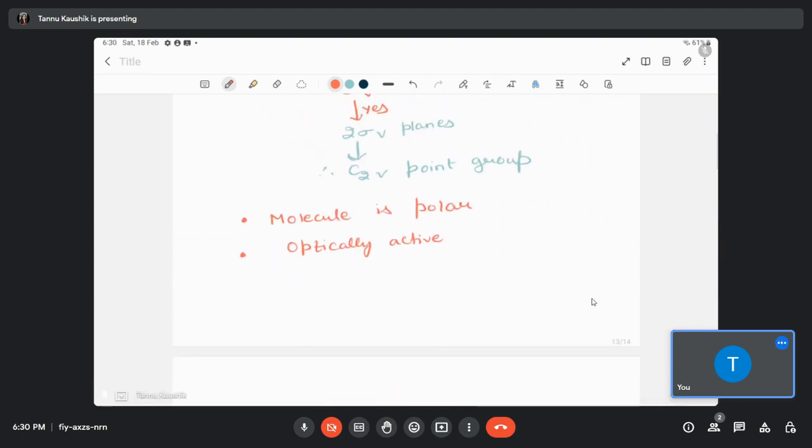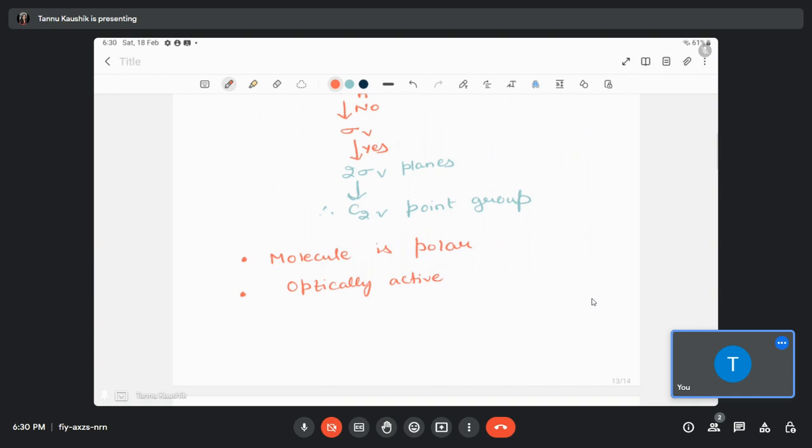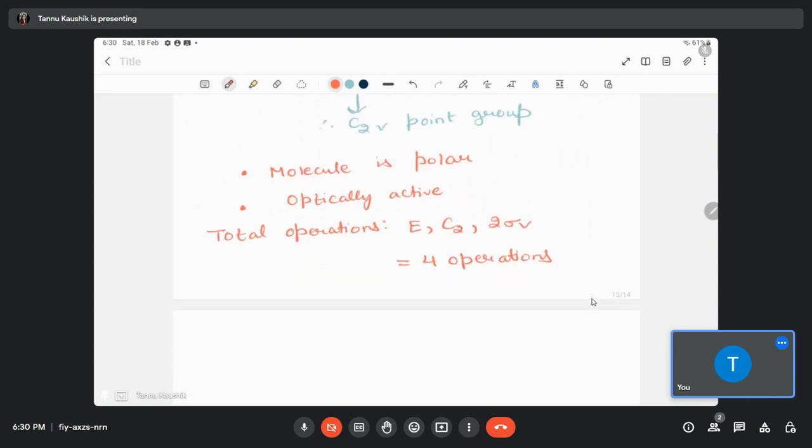Since we have a proper axis of rotation but not an improper axis of rotation, the total operations in the molecule are E, C2, 2 sigma v. So we have four operations in the molecule. Okay.